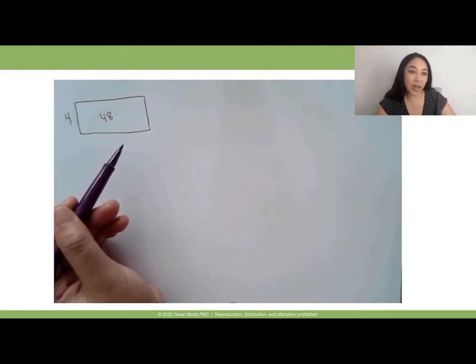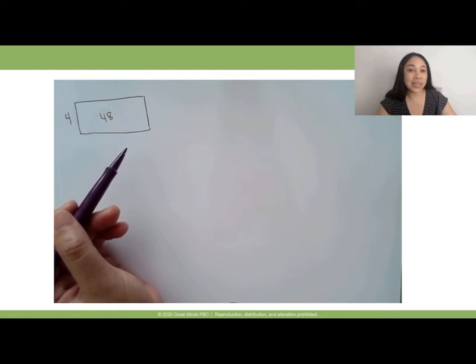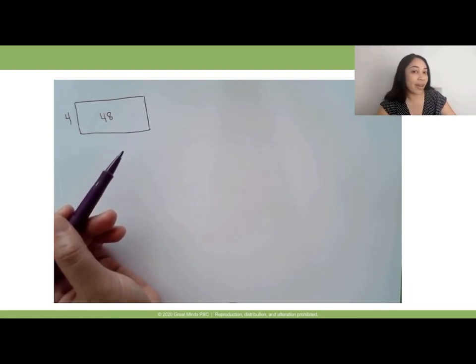The first rectangle will have an area of 40. The second rectangle will have an area of 8.